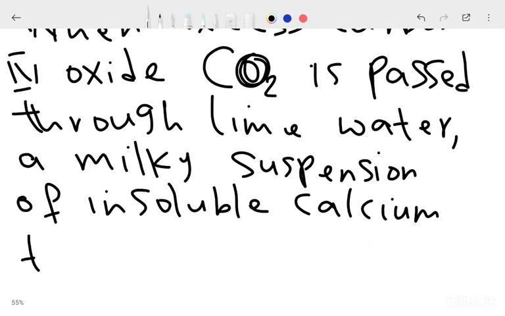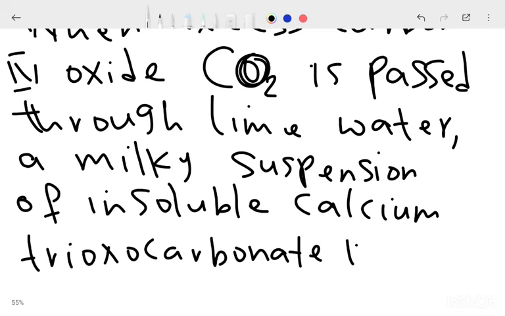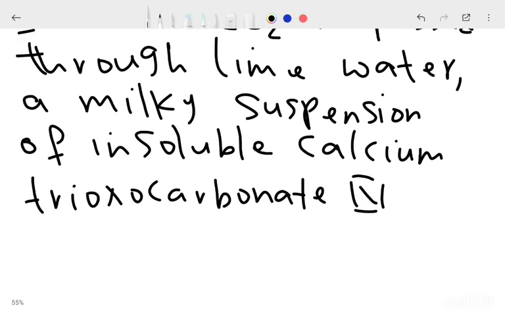Trioxocarbonate(IV). Calcium trioxocarbonate(IV). This is a chemical formula. Okay.